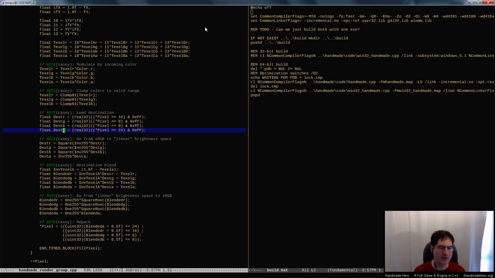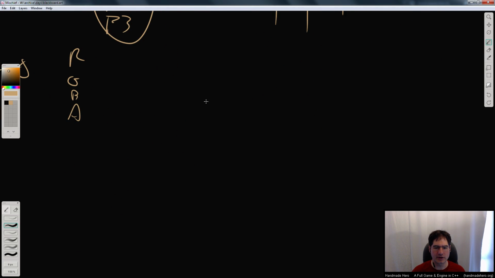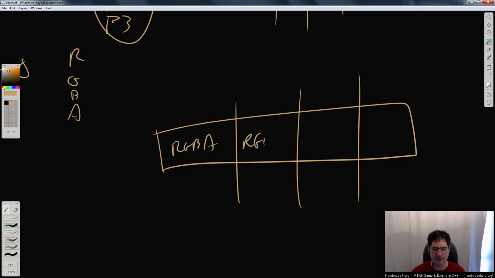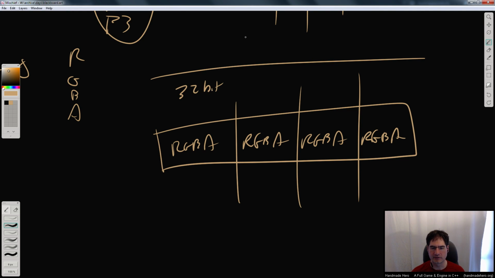Let's say I load in 4 pixel values, and they're 32-bit packed, so this is RGBA here, RGBA here, RGBA here, RGBA here. Because remember, each one of these things is 32 bits, and this is 128 bits long. It's one of these wide things.